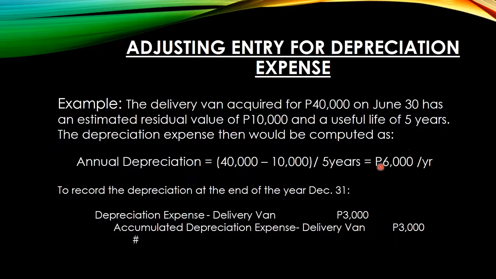Now take note, since it was acquired on June 30, we will no longer count June, but we will start our counting in July. July, August, September, October, November, and December, meaning 6 months. 6,000 times 6 over 12, so we have the amount of 3,000 pesos.